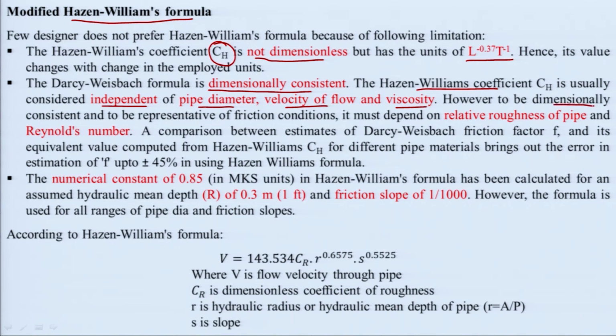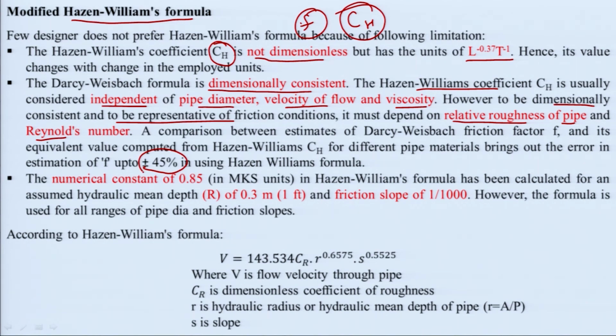However, to be dimensionally consistent and representative of friction in conduits, it must depend upon relative roughness of the pipe and Reynolds number. When we compare friction factor and the value of CH, there is an error, estimated at about plus minus 45%.